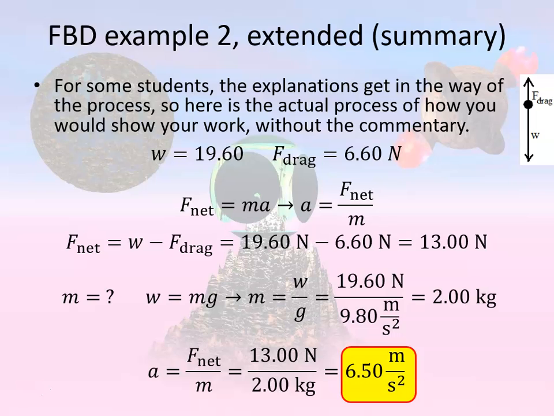If you did the method of plugging in W minus F drag over m for your F net up here, your next step after solving for the mass would be to say that a equals mg minus F drag over m, so you just plug in 19.6 newtons minus 6.6 newtons all over 2 kilograms equals 6.5 meters per square second.